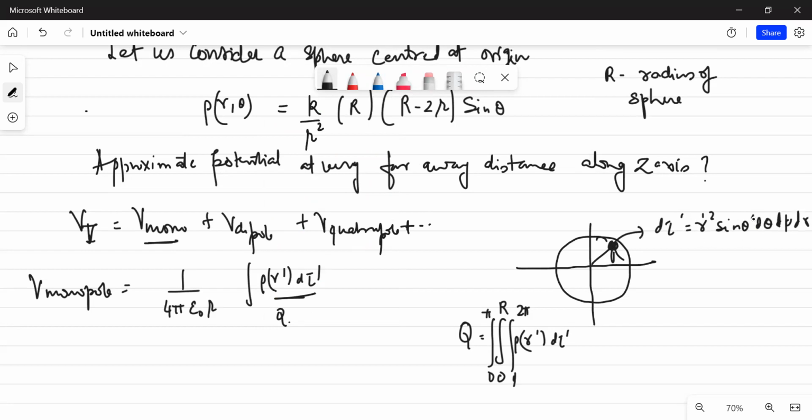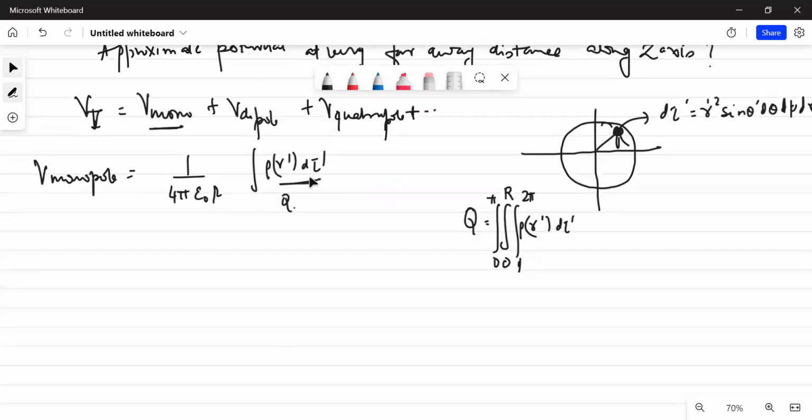So one thing to do, remove the r dash, we can understand that we want to find the total charge due to this particular charge configuration inside the sphere. So the total charge would be the integral from 0 to 2 pi, then the integration from 0 to pi, and then 0 to capital R. And what is rho? Where did rho go?